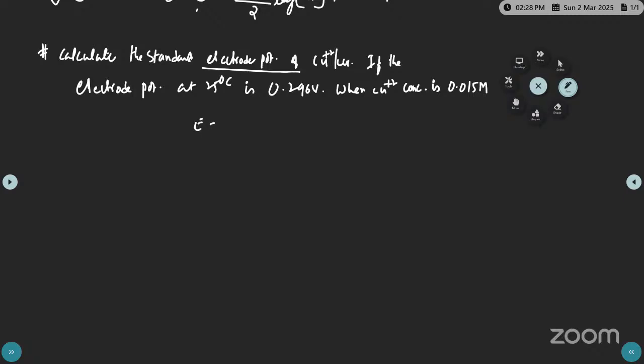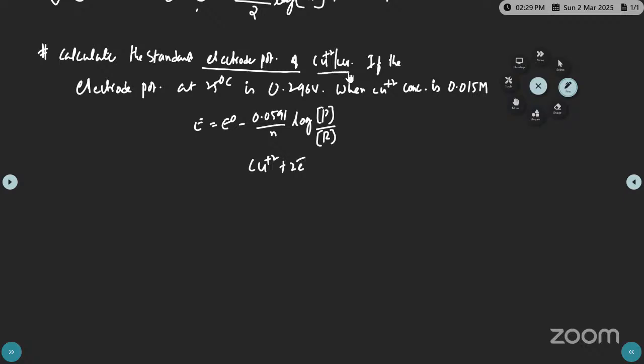E is equal to E naught minus 0.0591 by n into log of products concentration by reactants concentration. So what is the electrode here? Copper electrode. So copper electrode is Cu plus 2 and it gains 2 electrons.